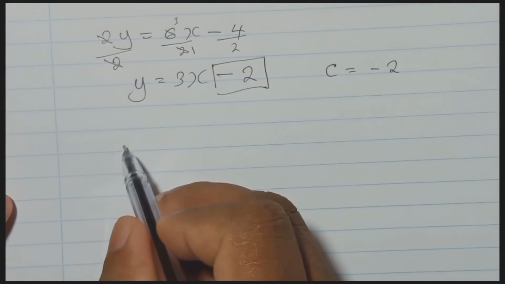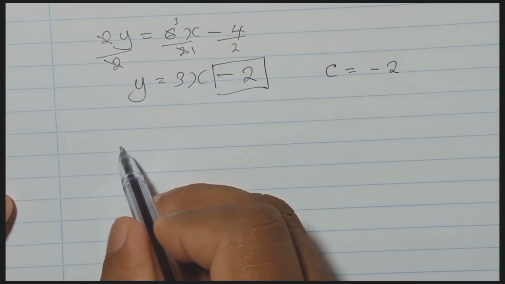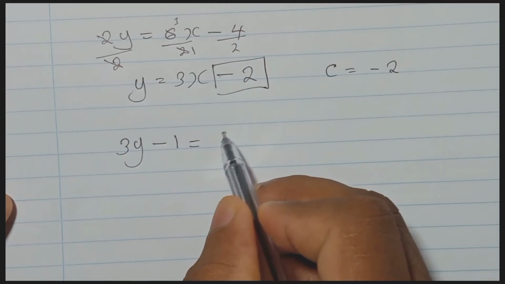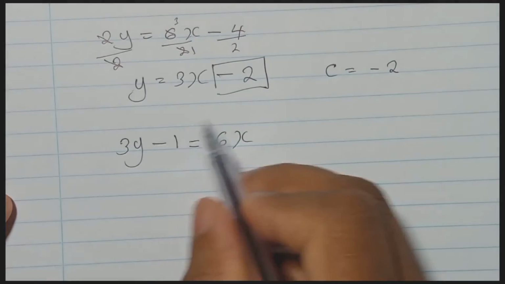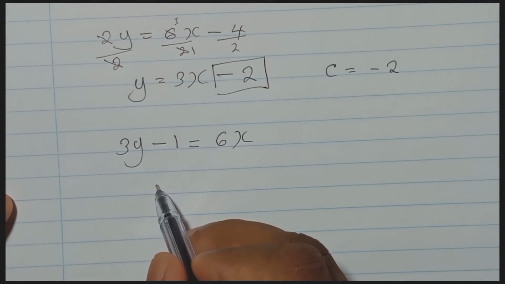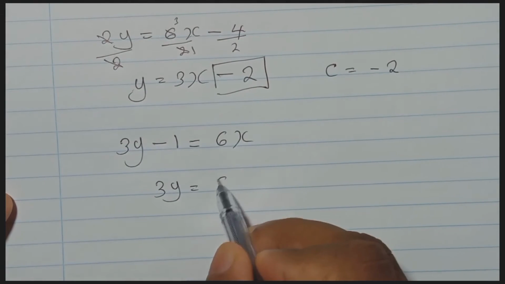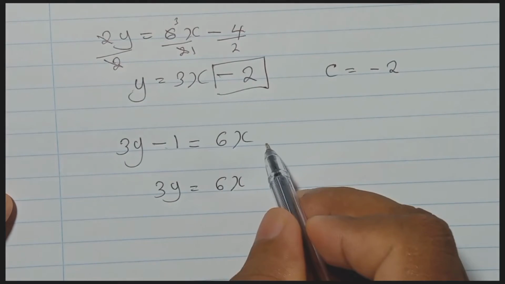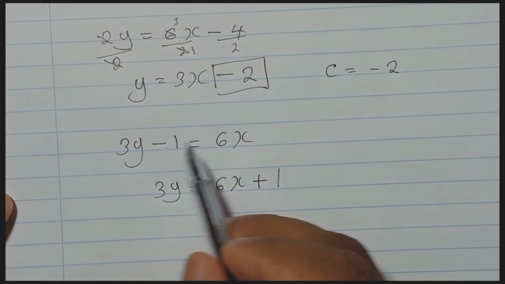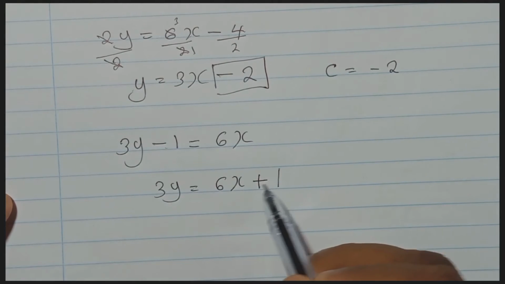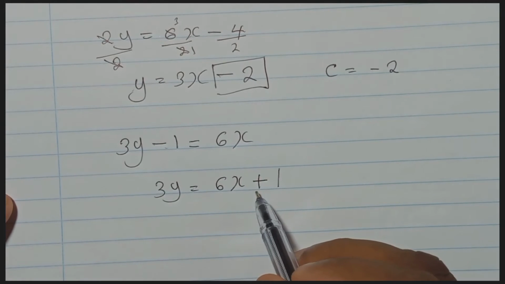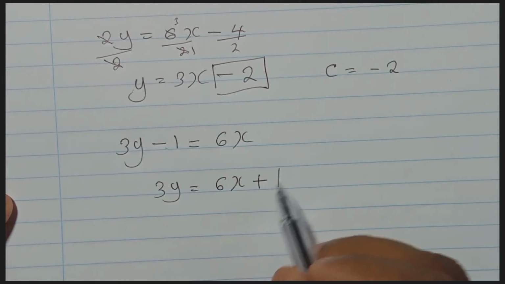Okay, let's take another equation. Now the second one: 3y minus 1 equals 6x. Here also you need to make it into that format. Here 3y equals 6x, and the minus 1 we bring to this side, so it will be plus 1, right? If we pass the equal sign, it must be plus 1. Still, this plus 1 is not the y-intercept.